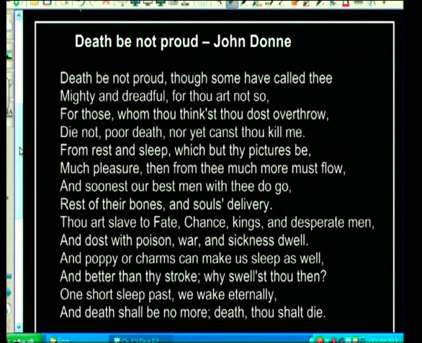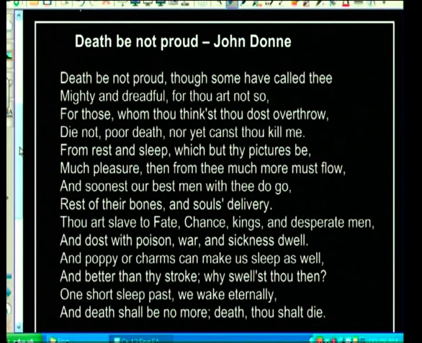And soonest our best men with thee do go, rest of their bones and soul's delivery. Thou art slave to fate, chance, kings and desperate men, and dost with poison, war, and sickness dwell.